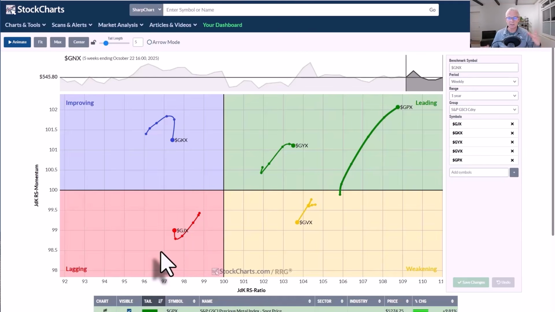So for commodities, if you want to make an allocation to commodities, I have it as kind of improving. So it's a little bit of a subjective position there. I would say you need to concentrate on the metals, on precious metals and industrial metals, and to a lesser degree to livestock, but stay away from energy and agricultural commodities.